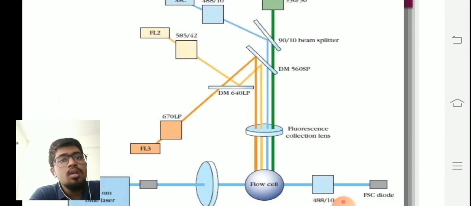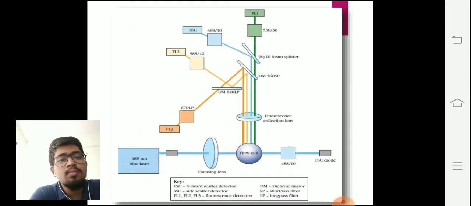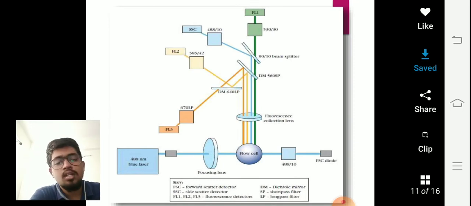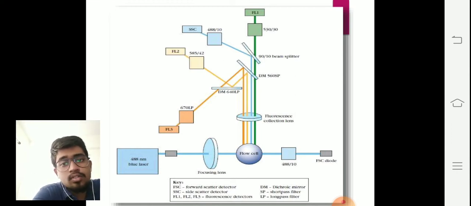So this is very important to understand. This is how the actual diagram looks, how this actually functions. You could see this FSC actually works, and it's similar to flow cytometry, one of the derivatives of the flow cytometer.